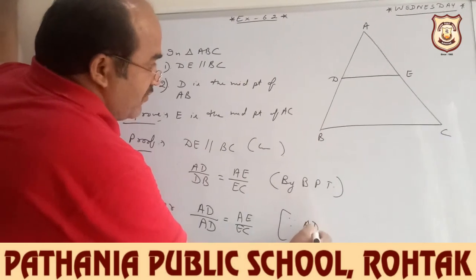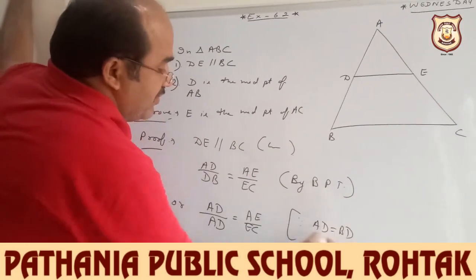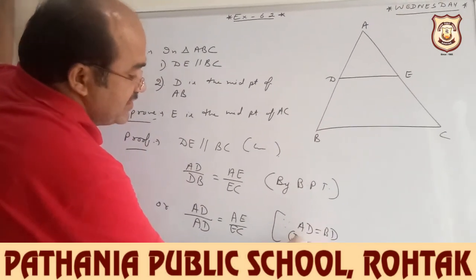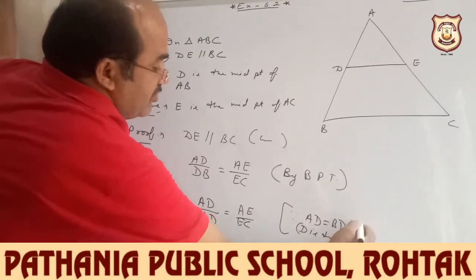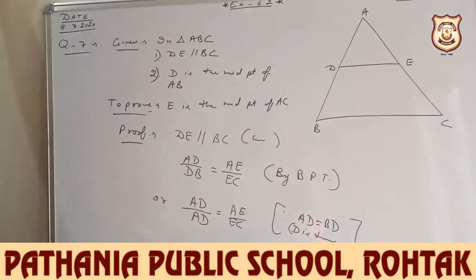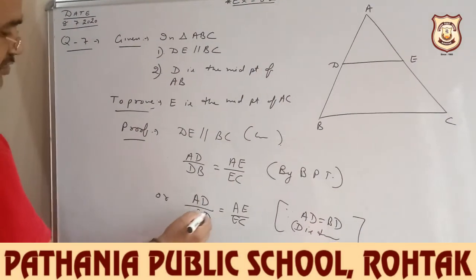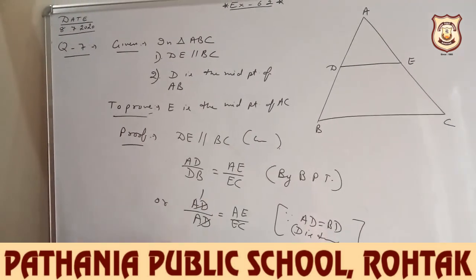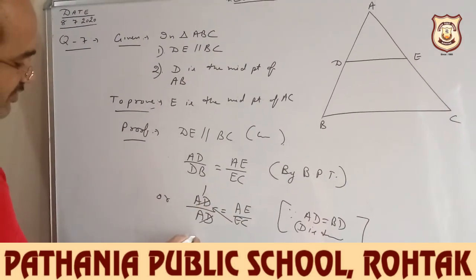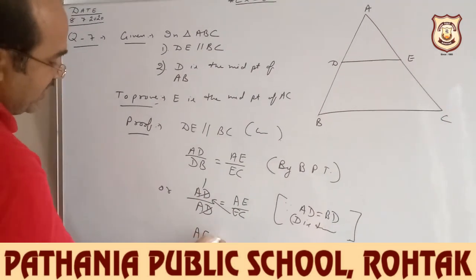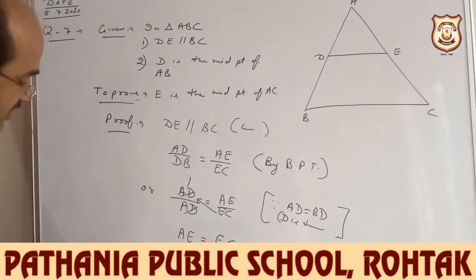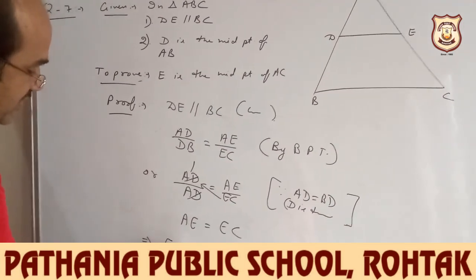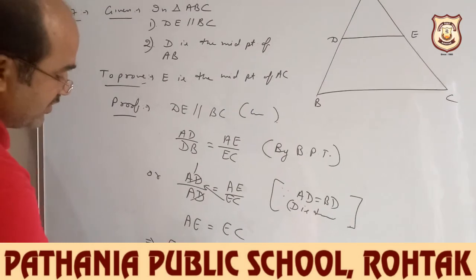Then after this you can write, in place of DB you can write AD, AE upon EC. Give reason, AD equal BD. Why?